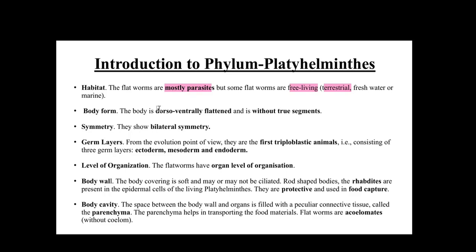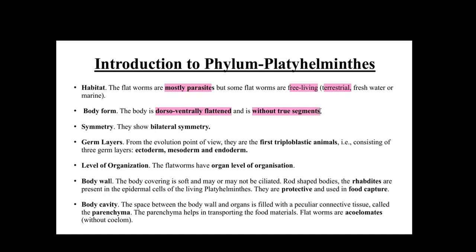Body form. As I told you, they are flat. They are dorso-ventrally flattened and without true segmentation. Now what does without true segmentation mean? It means their body is divided into different segments, but they are not true segments. They show pseudo metamerism. If you remember my first lecture, I told you the difference between metamerism and pseudo metamerism.